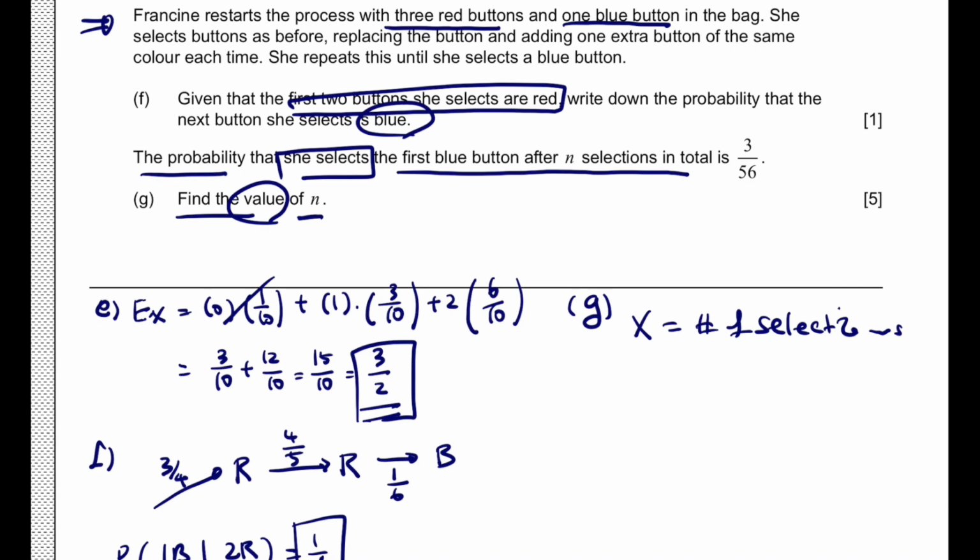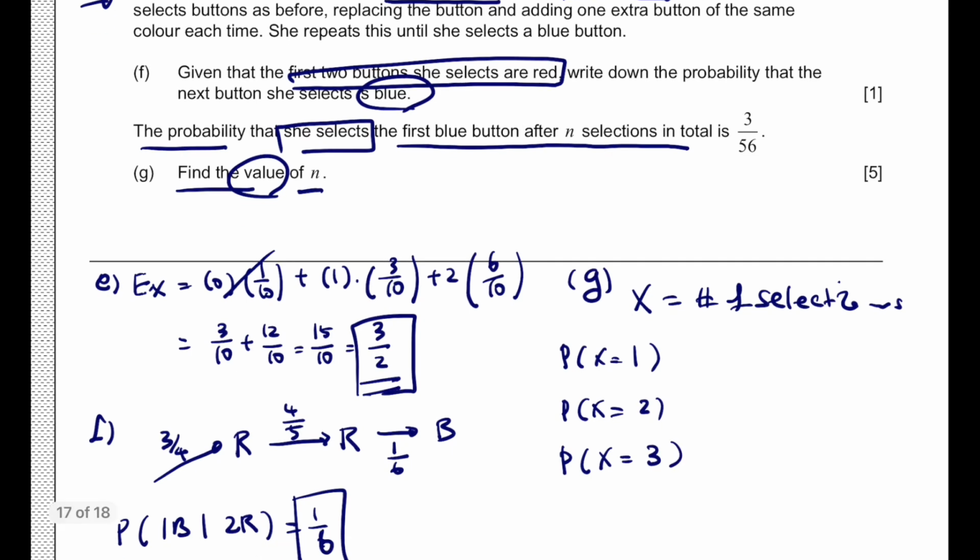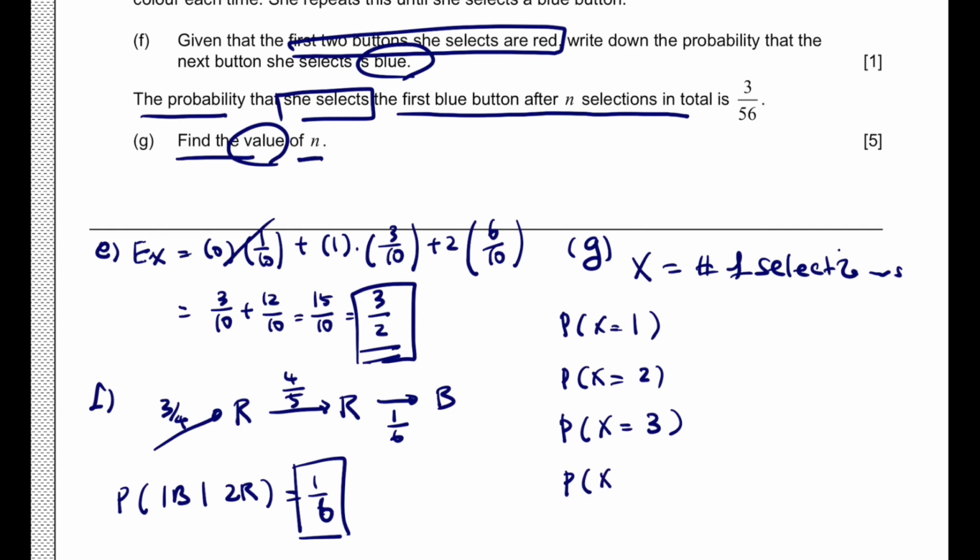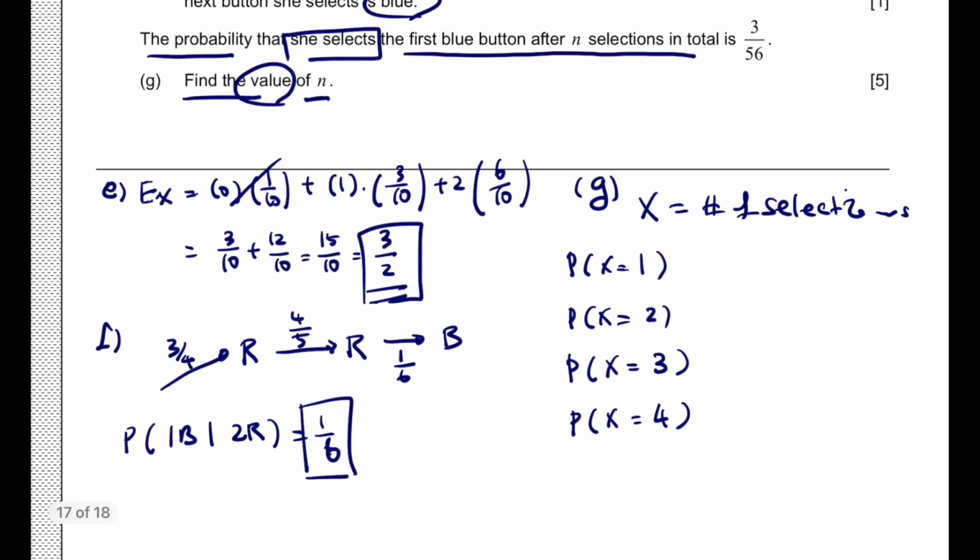It simply means if we select one time, or if we select the button twice and we select the blue button the second time, or the third time when we select the button 3 times, or when we pick up the button 4 times and our first blue button shows up the fourth time, and also there can be cases where we select the button 5 times and the blue button shows up as the fifth one.